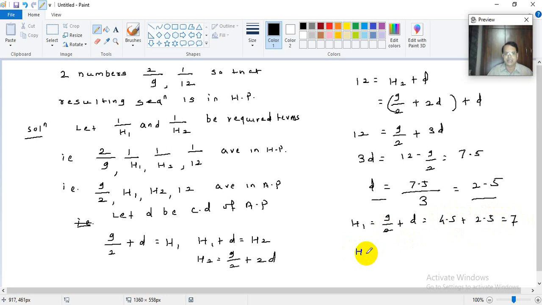And h2 is 9 by 2 plus 2d, that is, 4.5 plus 2 into 2.5, which is 5. So it is 9.5.